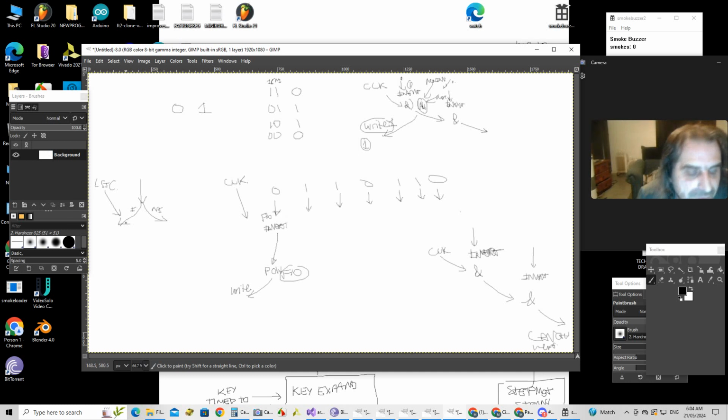If I'm inverted, so if I'm a 0, I go this way. If I'm a 1, I go this way. So if I'm a 0 and the last one carried, then I write 1.